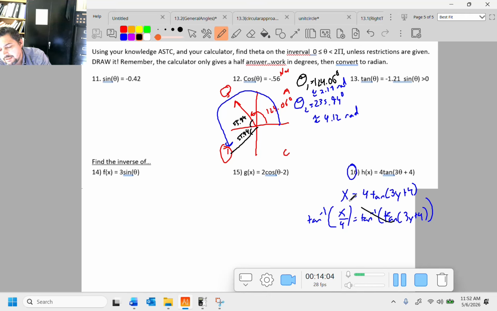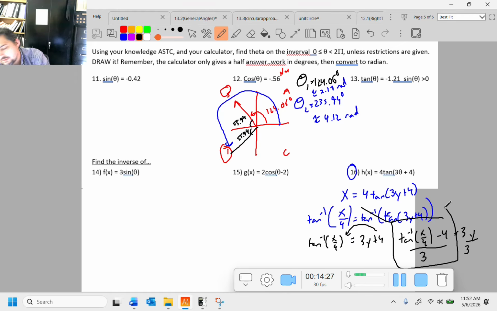And they would annihilate each other. So the arctangent of x over 4 is now equal to 3y plus 4. We're going to subtract 4. The arctangent of x over 4 minus 4 is 3y. And the last move is simply to divide by 3. And that, boys and girls, is the inverse.